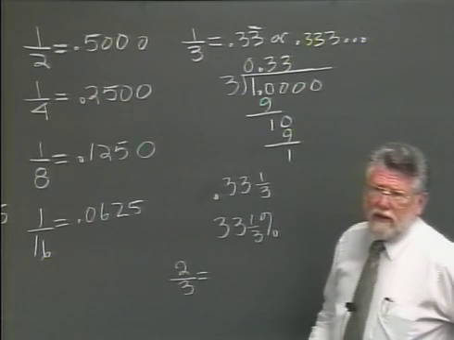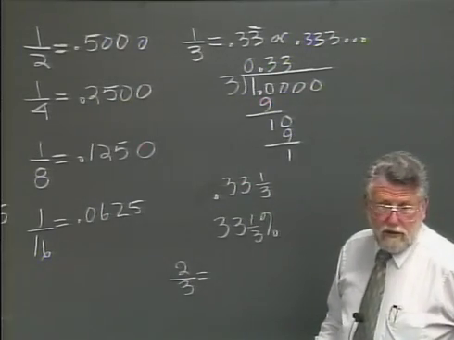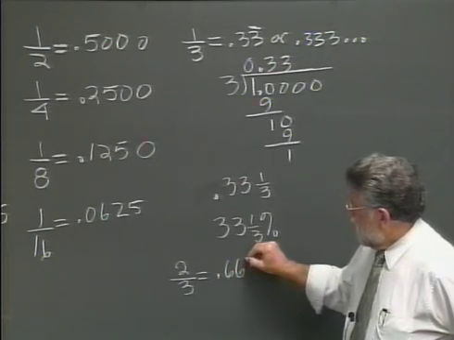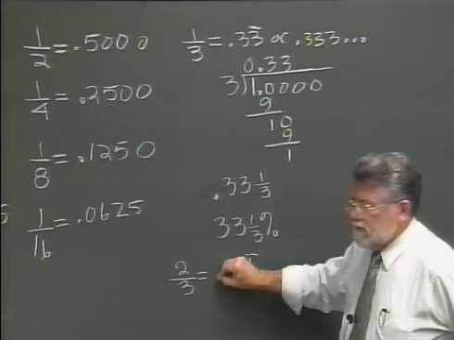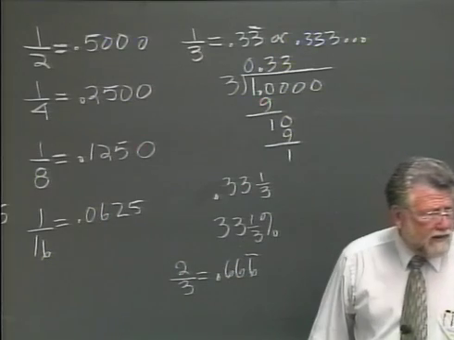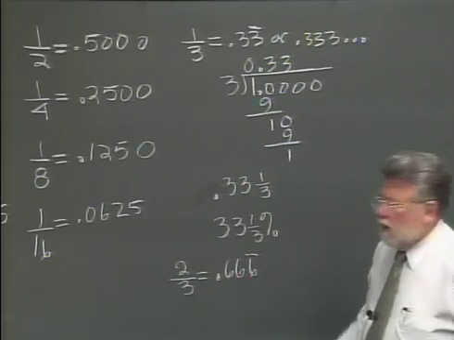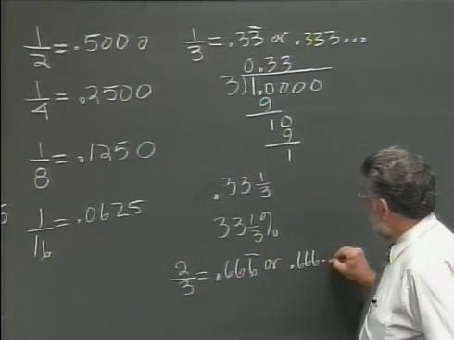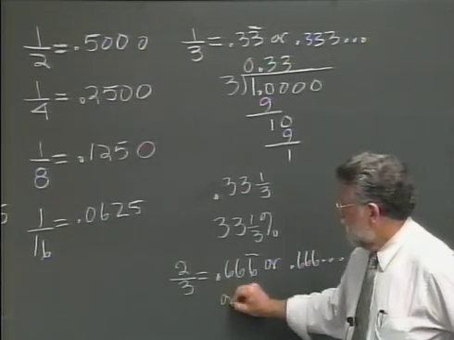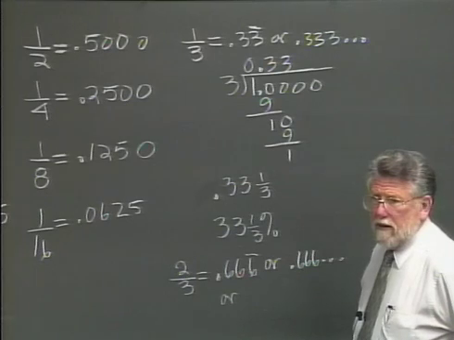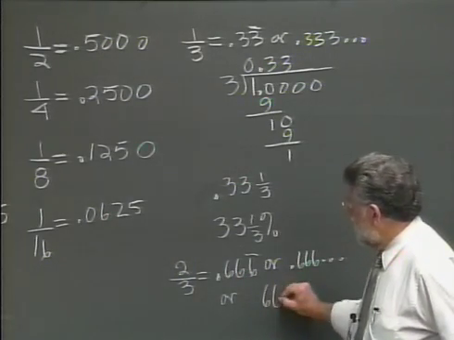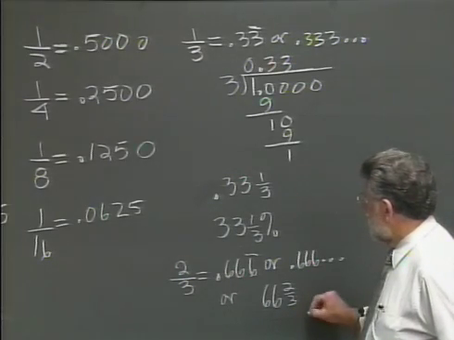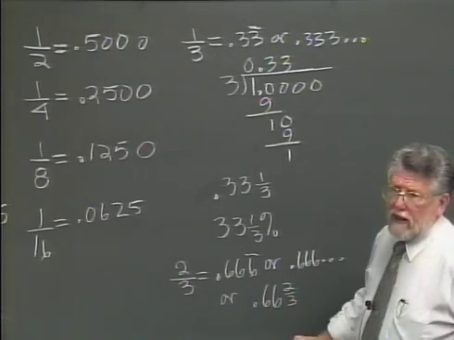If the 1/3 is 3's forever, the 2/3 is 6's forever. And again, I oftentimes write 3 repetitions before I put the bar, or 0.666..., or what? 66 2/3. It would be 4/6, which is 2/3, with your decimal point there in the front.